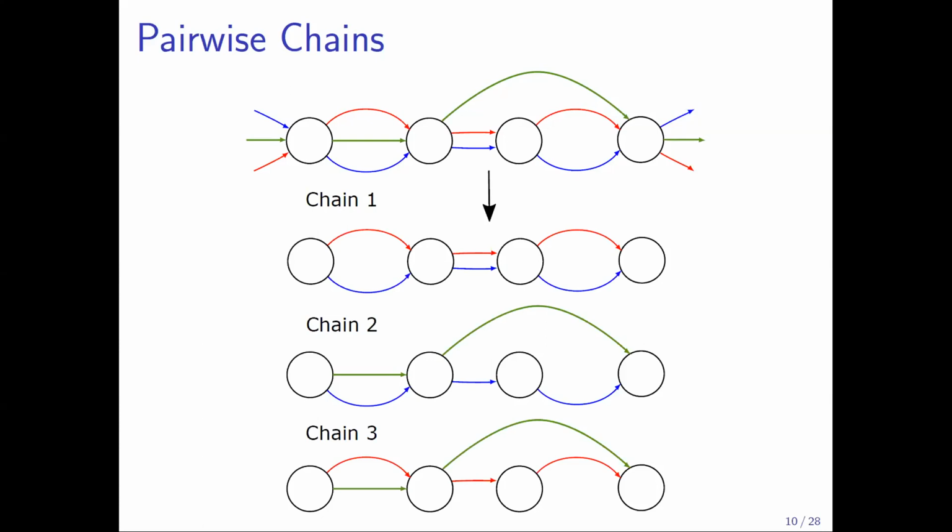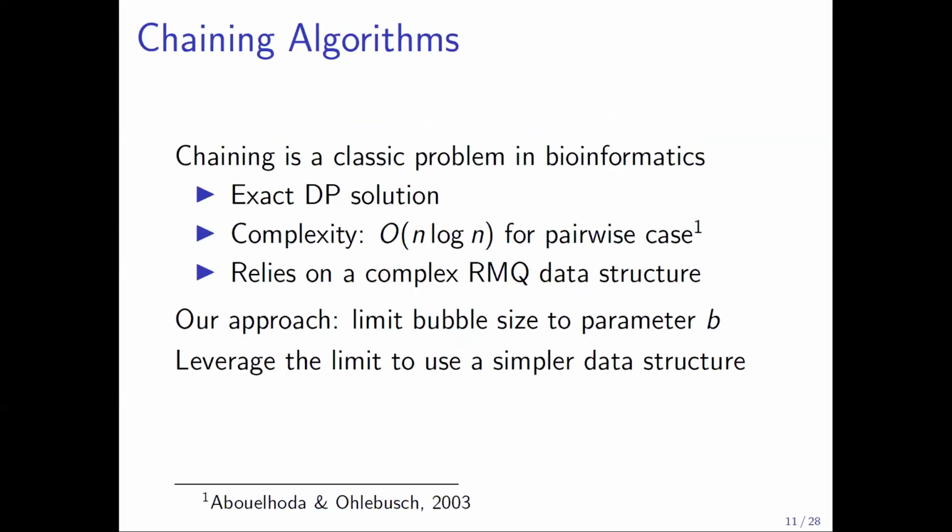So here we see that, for example, the first chain is a bubble that's interleaved by 2 parallel edges, and the second chain and third chain are just a couple of separate bubbles. So we will use the chaining approach. The chaining problem is one of the classic problems in bioinformatics that has been extensively studied since the 90s.